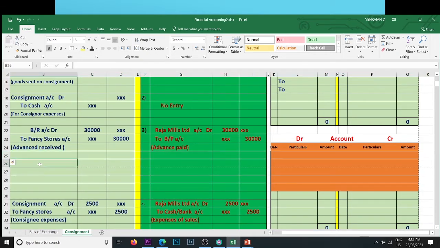Right. Bank account debit. Discount account debit. To bills receivable account.